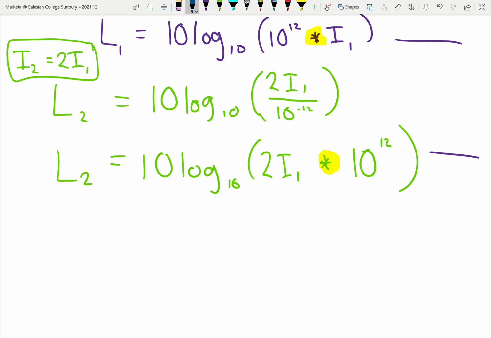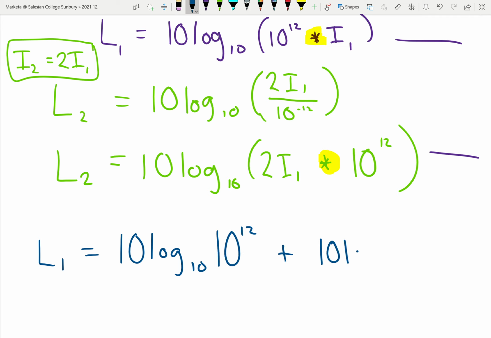So I'm going to rewrite L1, and I'm going to write that as 10 log 10 of 10 to the 12 plus 10 log 10 of I1. So all I've done there is break them down into two parts.